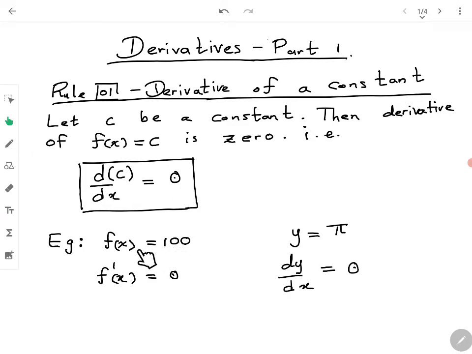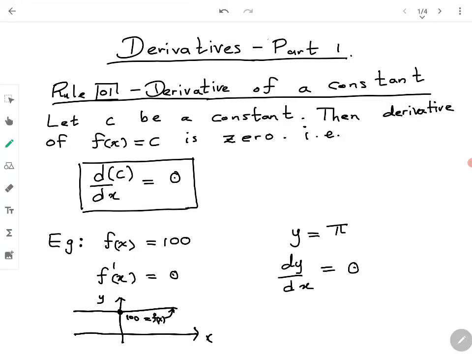For example, my function is equal to C, 100. f(x) is equal to 100. This is just a horizontal line through 100. So that's the function f(x) = 100, a horizontal line through 100.